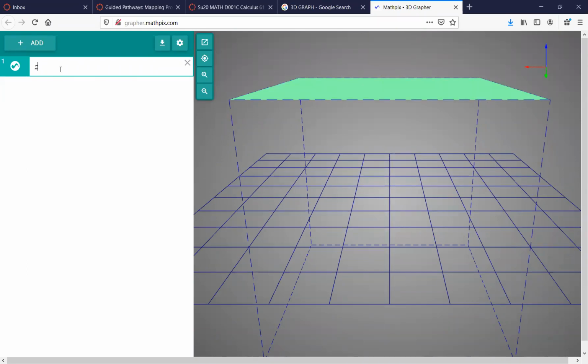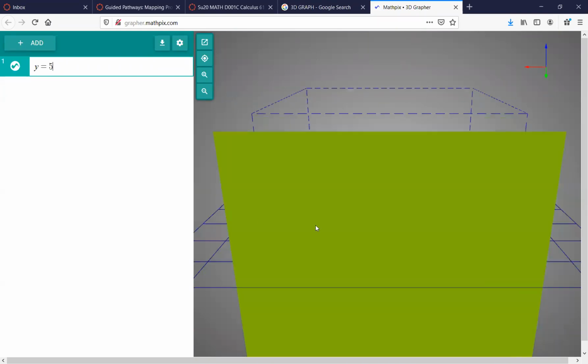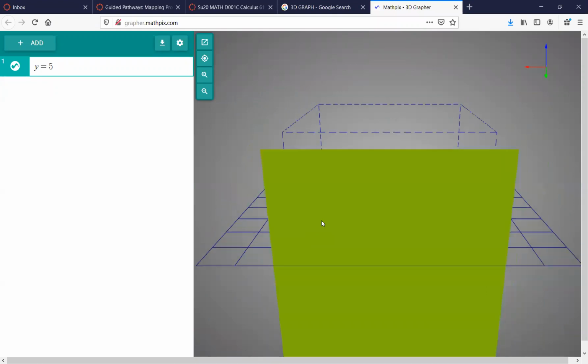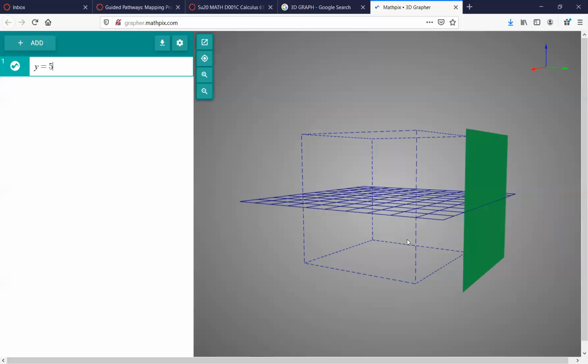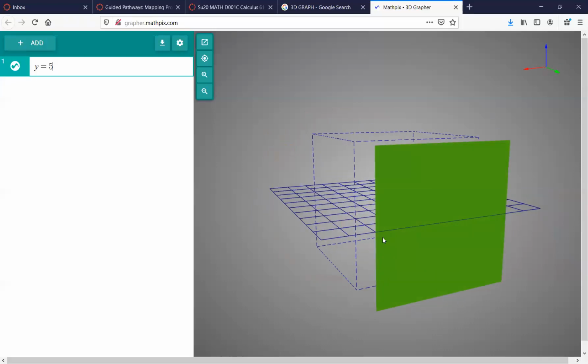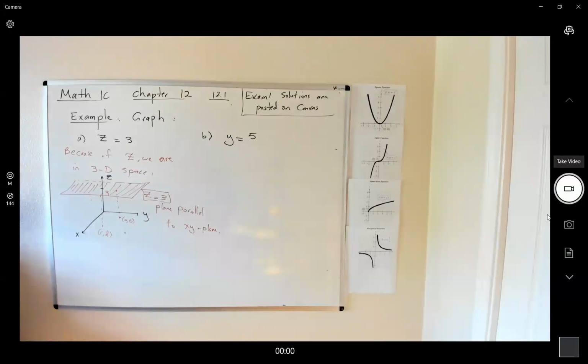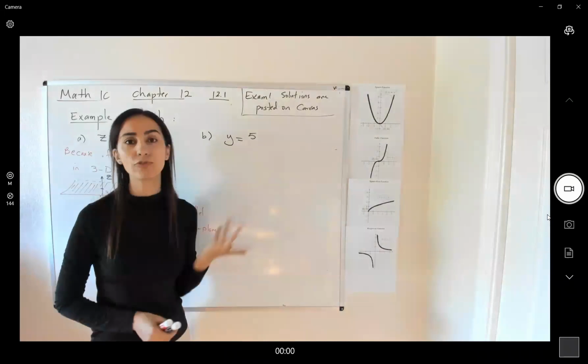The next plane is y equals 5. Y equals 5. This is your plane. Well, you might say, okay, Professor, you say that y is equal to 5.